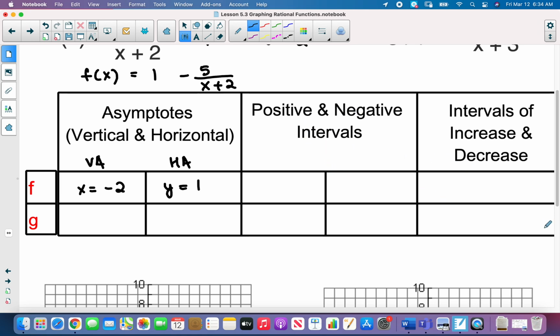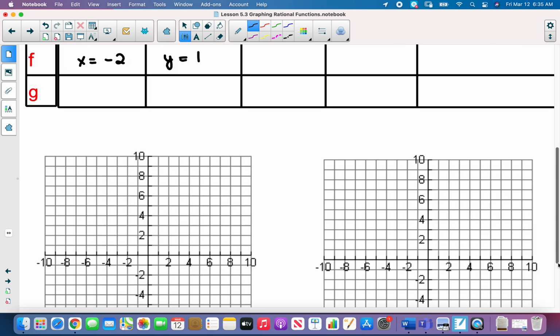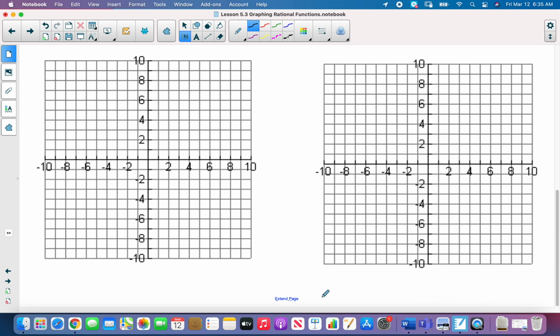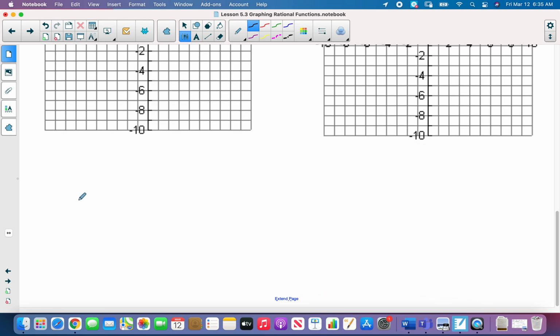The positive and negative intervals we can do by doing a factor table for this function, just to see where it is at. So let's do a factor table, and let's use the key values, which are the x-intercept, which is 3, and the vertical asymptote for this one, which was at x equals negative 2.